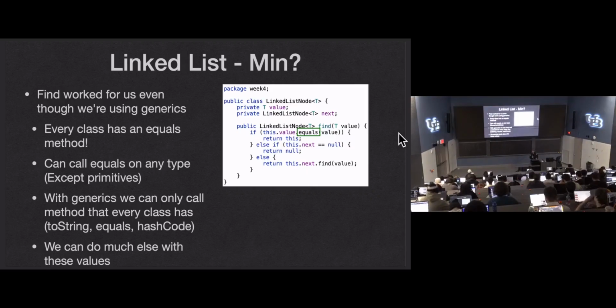Every single type in Java has an equals method. Every single type in Java also has a toString method. So we got away with it on Monday with our recursive toString on the linked list because every single type in Java has a toString method. Whether you write one or not, even in the classes that you write, if you don't write a toString, you just get the default printing out the name and then some reference.